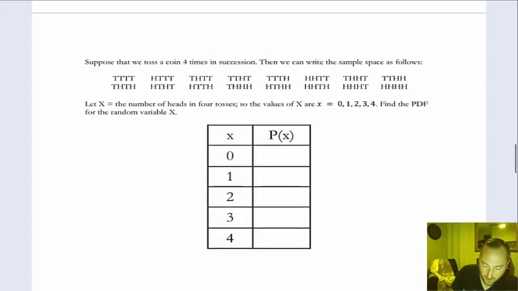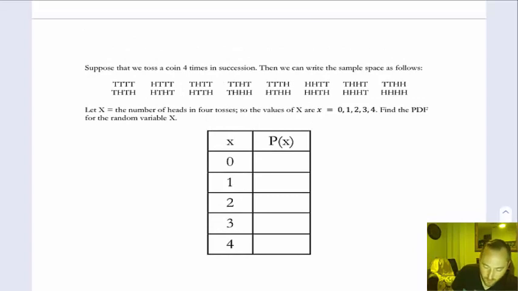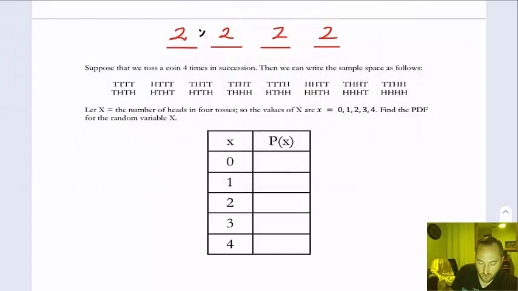For 4 coins being flipped, you have 2 ways for the first flip, 2 ways for the second, 2 ways for the third, and 2 ways for the fourth. By the fundamental counting principle, we multiply those all together.